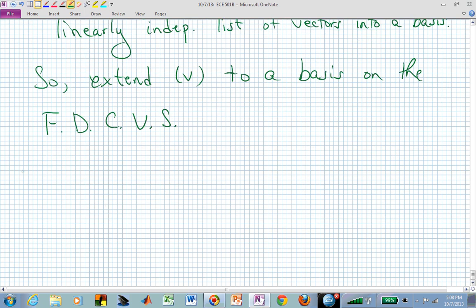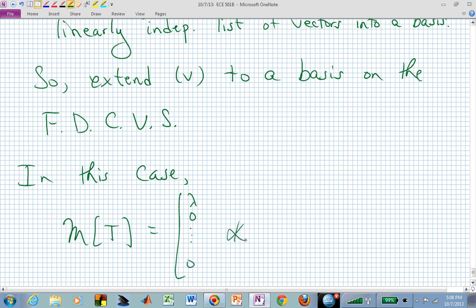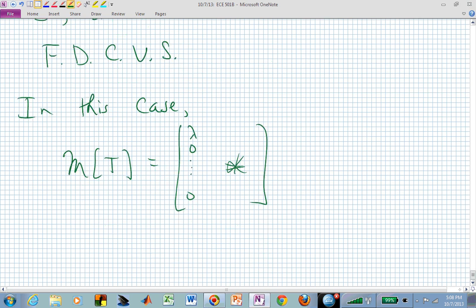And once we have that, then we know that the matrix representation of that linear map can be lambda in the first column. And what happens after that, who knows, because we've just extended the basis.